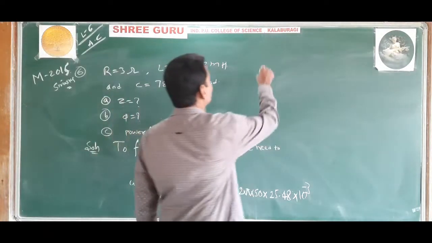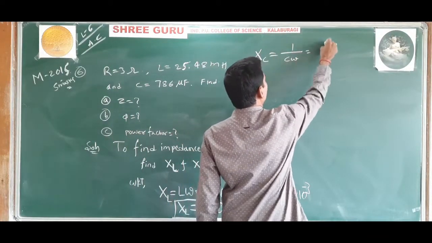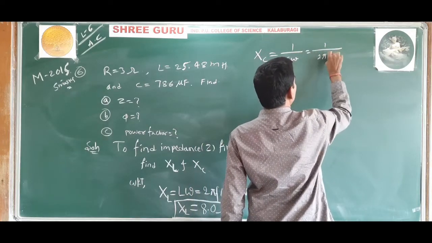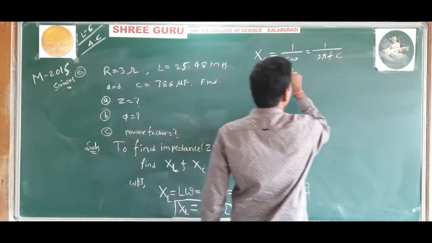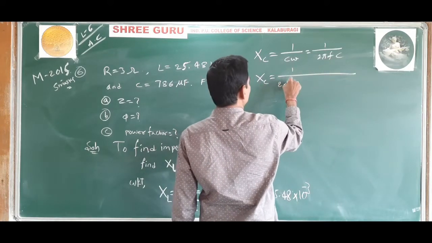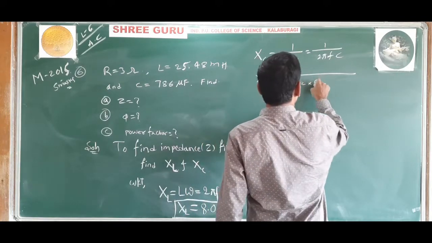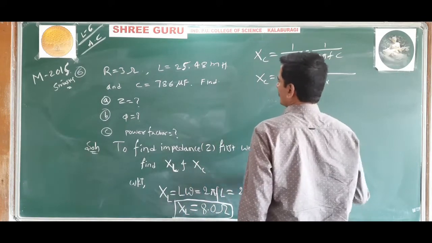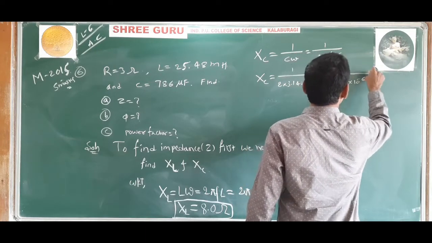And next XC is equal to 1 divided by C omega, or 1 divided by 2 pi F into C. That is XC is equal to 1 divided by 2 into pi, that is 3.142, F 50, and C is given as 786 into 10 to the power -6.